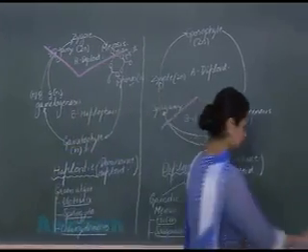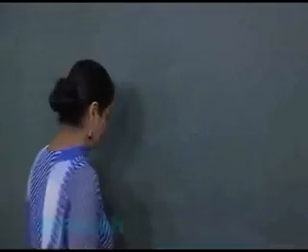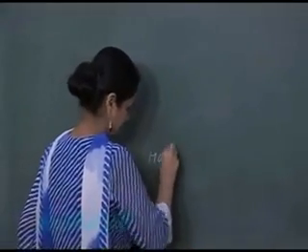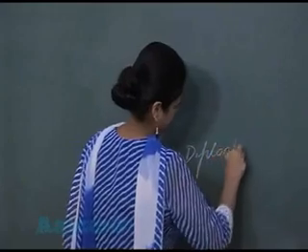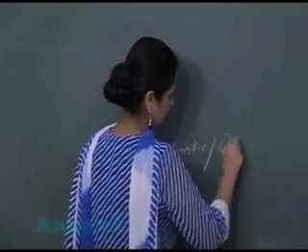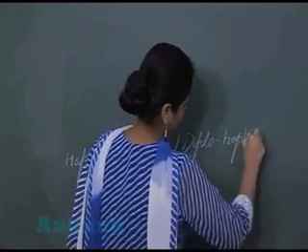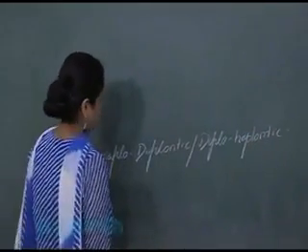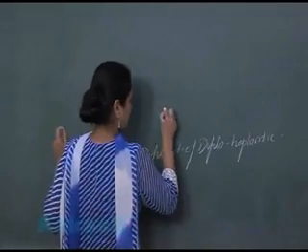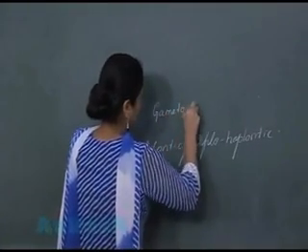Now haplodiplontic or diplohaplontic type of life cycle. Right? Now here I'm starting the life cycle with gametophyte, that is haploid phase.